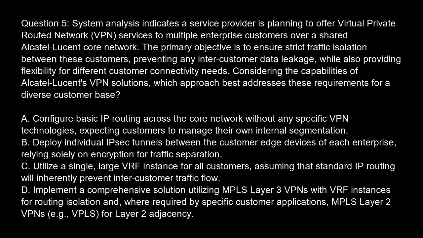Option C. Utilize a single, large VRF instance for all customers, assuming that standard IP routing will inherently prevent inter-customer traffic flow. Option D. Implement a comprehensive solution utilizing MPLS Layer 3 VPNs with VRF instances for routing isolation, and where required by specific customer applications, MPLS Layer 2 VPN, e.g. VPLS for Layer 2 adjacency.